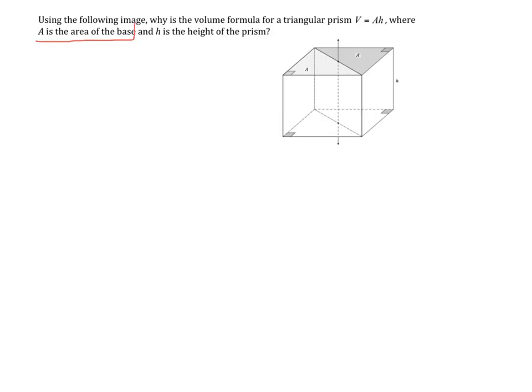A copy of a triangular prism with a right triangle base can be rotated about the axis shown so that the two triangular prisms together form a rectangular prism with a volume of 2 times capital A times H. Since you have two congruent right triangular prisms together with a volume of 2 times capital A times H, the triangular prism has a volume half that value, or just capital A times H.